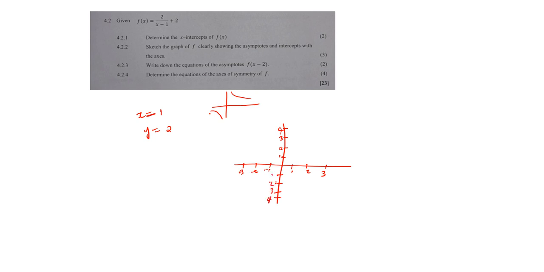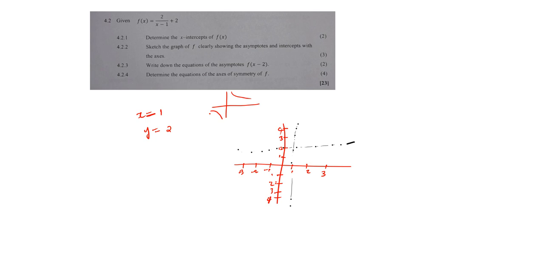So now, first of all, we ought to plot the asymptotes. In terms of plotting the asymptotes, we have one at x equal to 1. So x equal to 1 is plotted vertically. Then y equal to 2 is plotted horizontally like this.